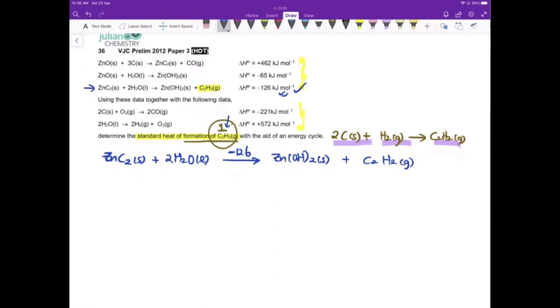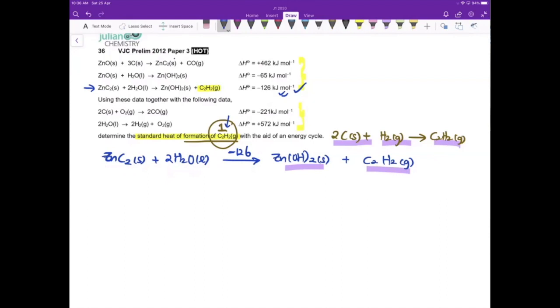Now, next one. So let's try to link the things up. You can start anywhere. You can start with water. You can start with zinc carbide. Both sides have equal numbers, so it doesn't really matter where you start. So let's start with the left hand side. So let's look at zinc carbide.